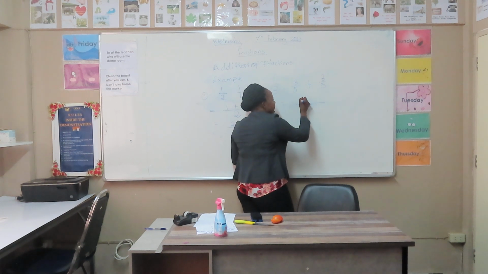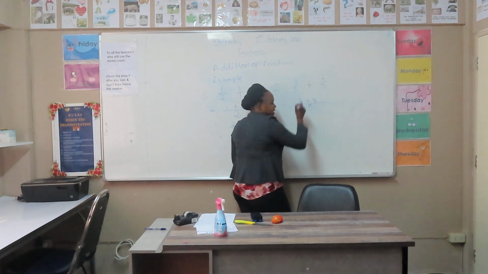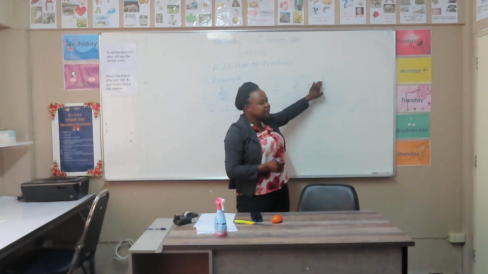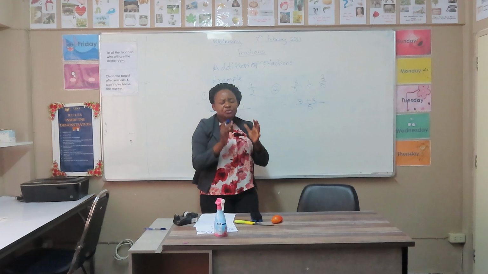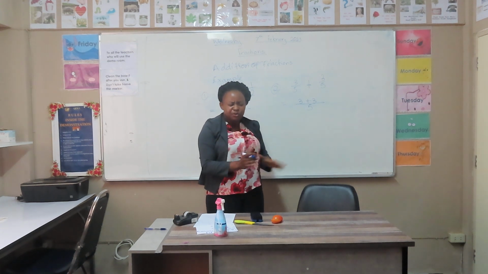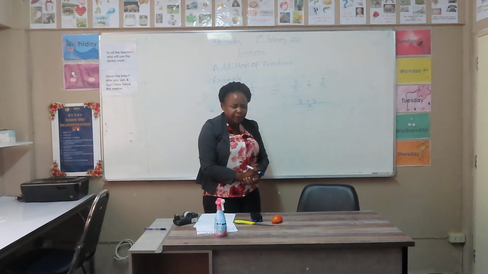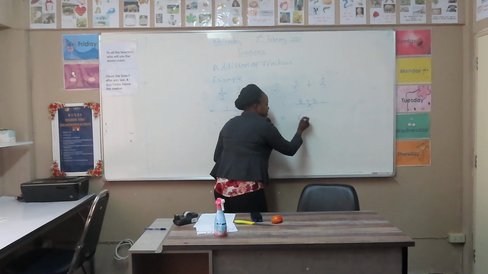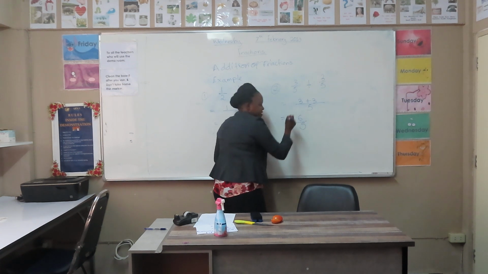Then you only add the numerators. So I have 3 and 3. That's why I'm bringing down 3 plus 3. And the denominators are not put together. Are we together? 3 plus 3, we get 6 over 5.